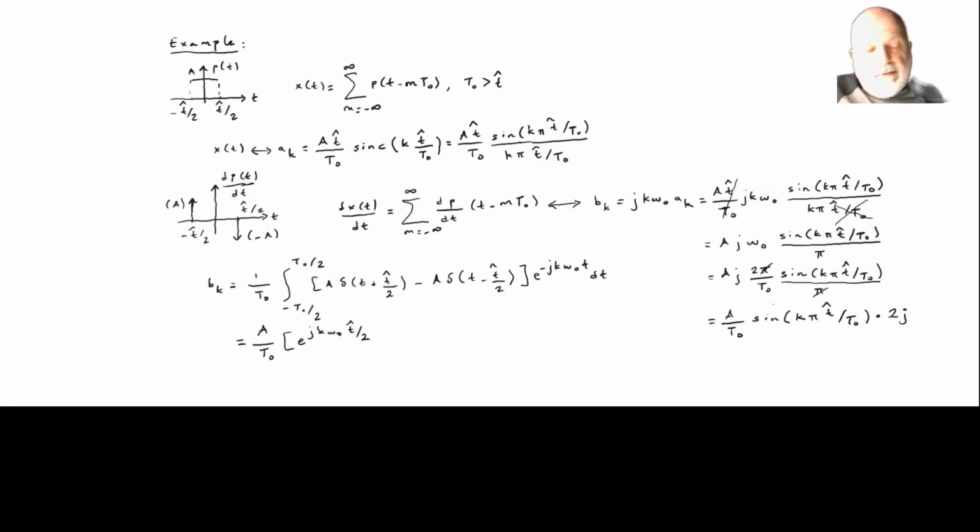This is the sampling operation of the impulse at t equal to minus t cap over 2. So we substitute minus t cap over 2. And the second term will be similarly e to the minus jk omega 0 t cap over 2.